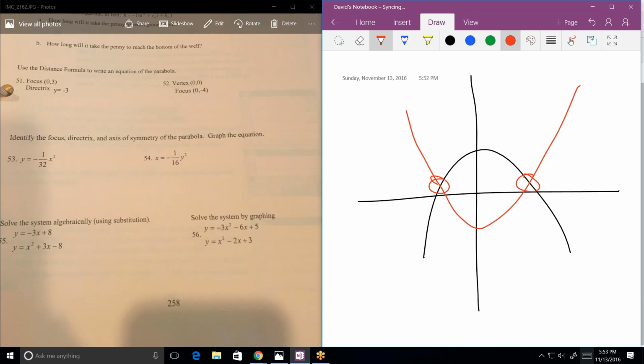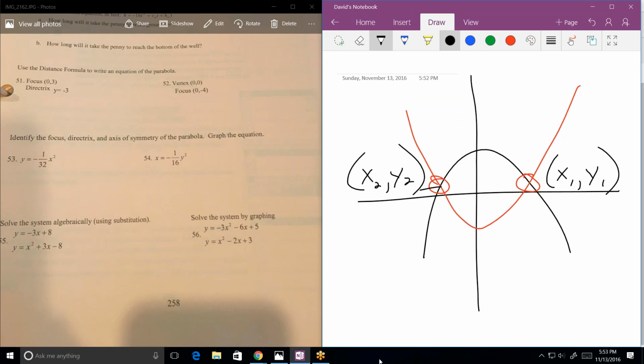That's the solution set. This is going to be x sub 1, y sub 1, and this one over here is going to be another set of coordinates. Probably y sub 1 equals y sub 2, because they appear to be the same height, but the x coordinates are not the same.